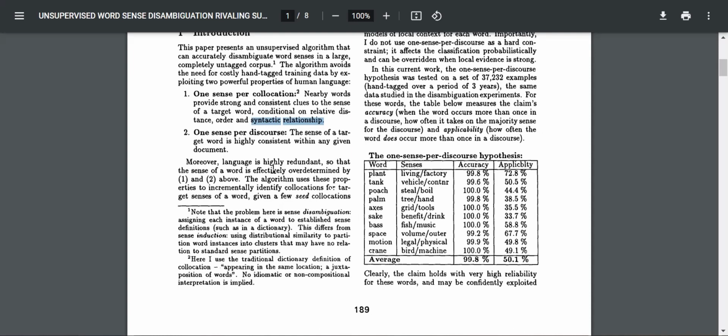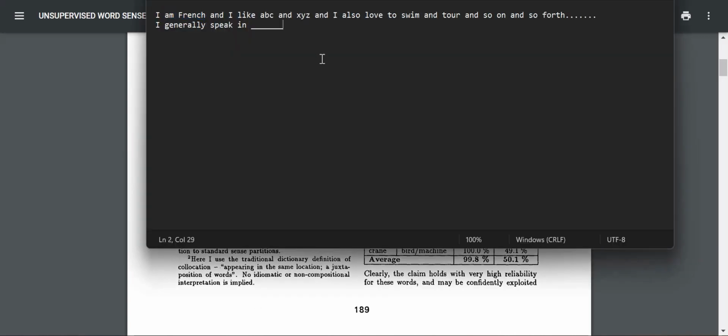Also, one sense per discourse: the sense of a target word is highly consistent within any given document. So this is a much more fair, much more valid assumption, I feel. So if someone is talking about, "I am at the bank and I am going to withdraw money from the bank," here both the banks are the monetary banks.